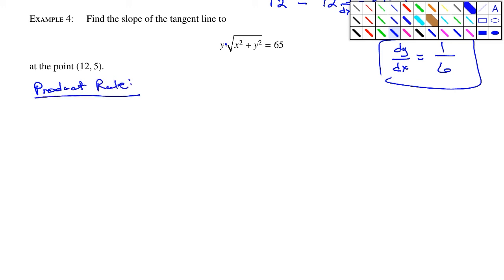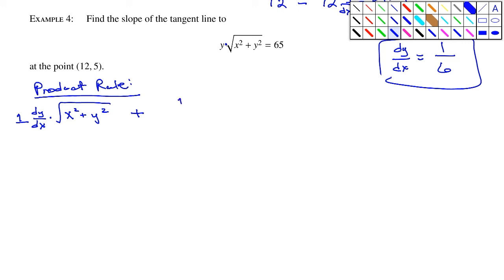And so here we go. The derivative of y is 1 times dy/dx times the square root of x squared plus y squared unchanged, plus the derivative of the square root of x squared plus y squared.